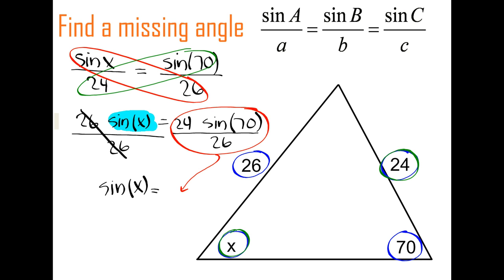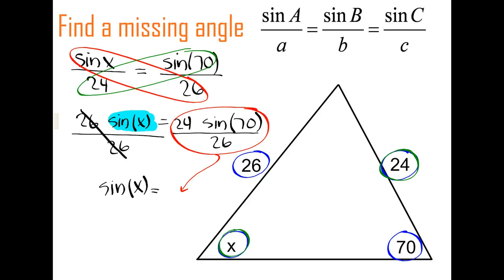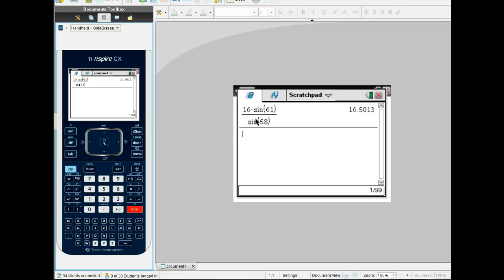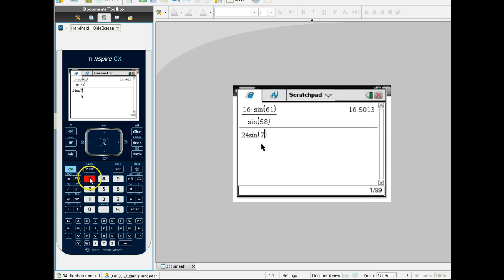Remember how that works. We're going to just look up that value in the table of values or using our calculator. Let's try a little different way to give a different look at this. Let's say 24 sine 70, all that divided by 26.